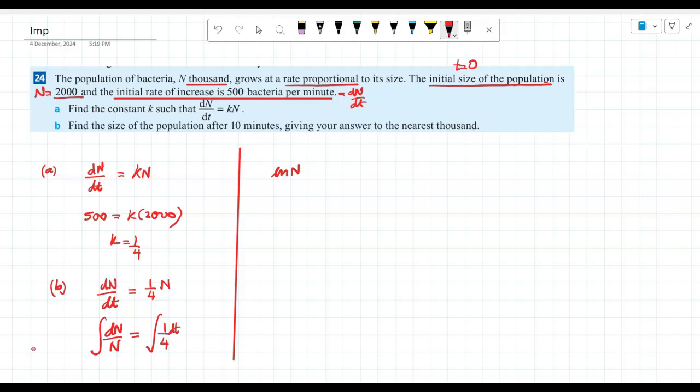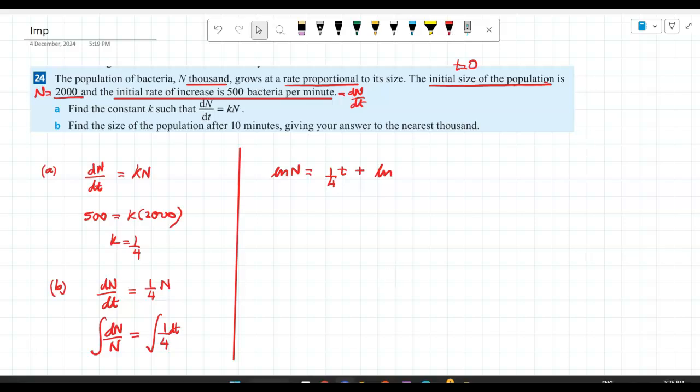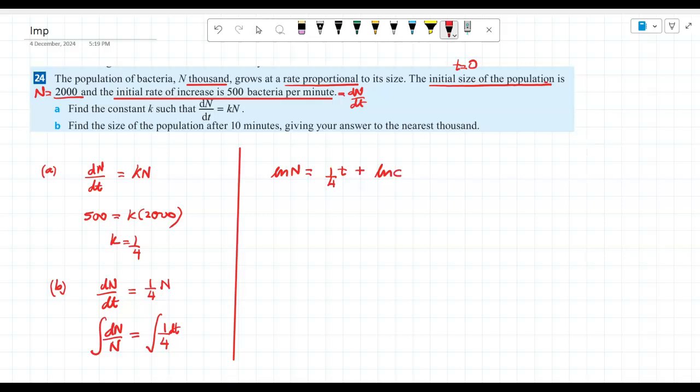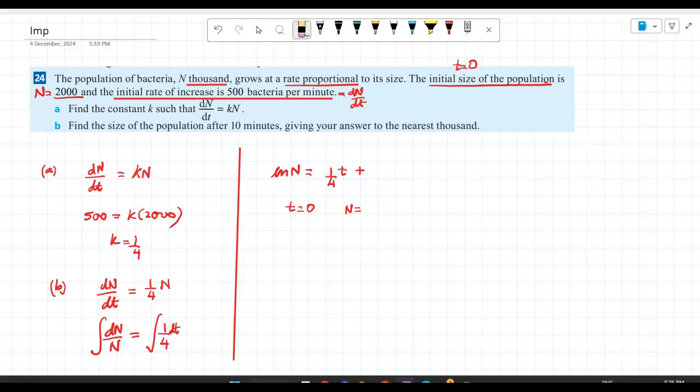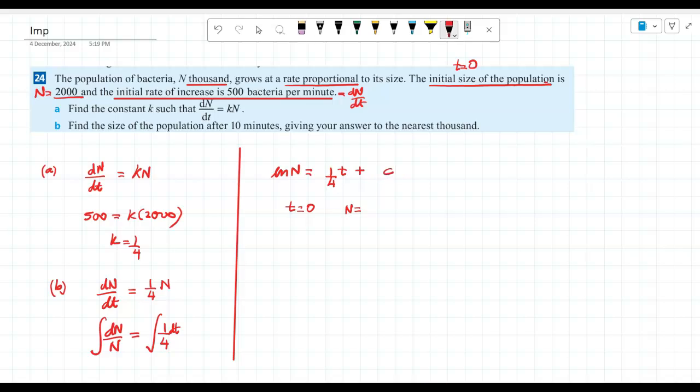So ln n is equal to 1/4 t plus, you can call it ln c. Even if you call it c, it won't matter actually. Okay, so let me call it ln c. Now you substitute the initial condition. What's your n initially? 2000.